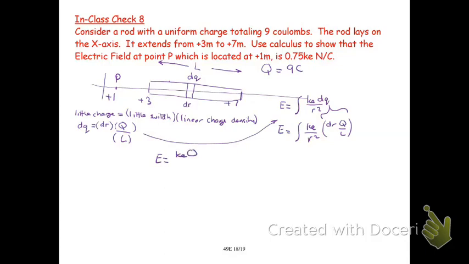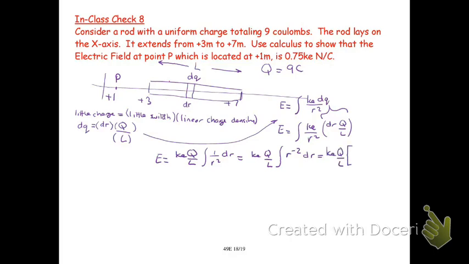Q's a constant, bring that outside. L's a constant, bring that outside. The integral of 1 over r squared dr. So this equals Ke q over L, the integral of r to the minus 2 dr, which equals Ke q over L.